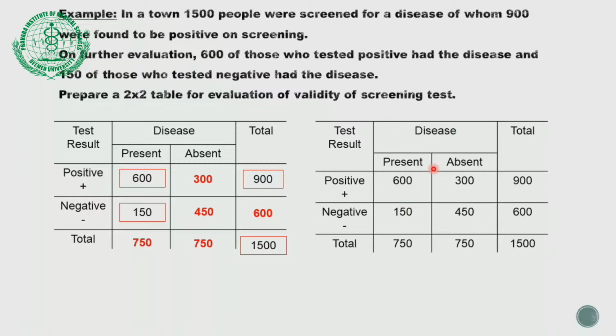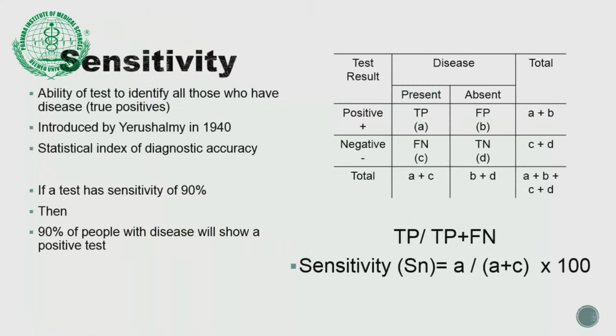This is the 2 by 2 table you will get at the end. Sensitivity. Sensitivity is the ability of the test to identify all those who have the disease, that is to identify true positives.